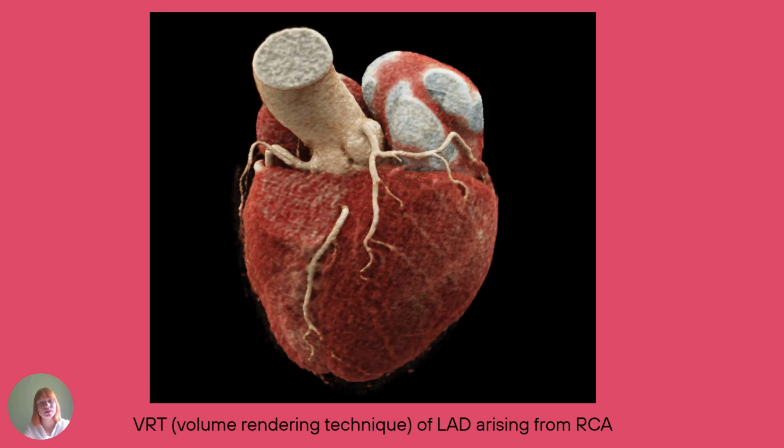And here is an image of volume rendering technique that allows to get a 3D model of a patient's heart to depict the left anterior descending artery arising from the right coronary artery and its intramural course.